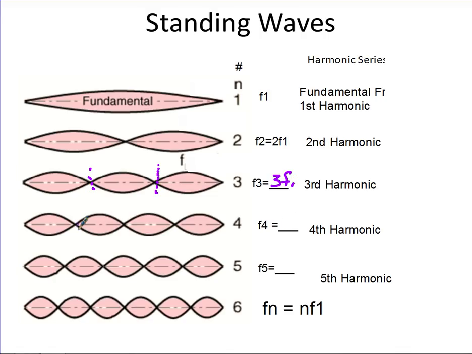F4, it's quite easy to see on 4. It wasn't quite so easy to see on 3. It's 1, 2, 3, 4. The frequency is 4 times the fundamental, etc. So, once you have the fundamental frequency, if you know the harmonic number, then the nth frequency is just n times that fundamental.